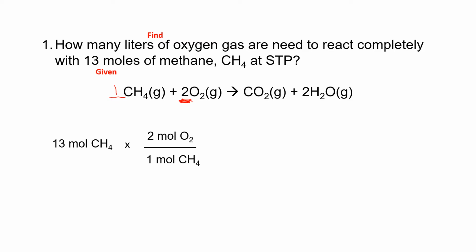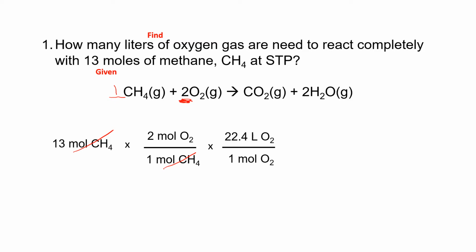So now moles of methane cancel. Our next step, we want moles of oxygen gas to be in the denominator, and we need to go from moles of oxygen gas to liters of oxygen gas. So we're going to use our conversion factor, 22.4 liters of oxygen gas and 1 mole of oxygen gas.